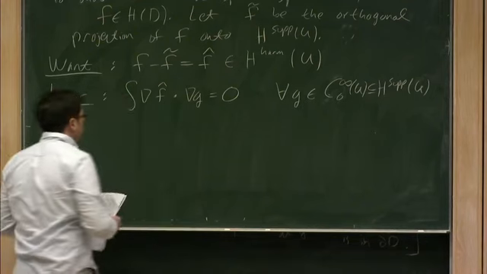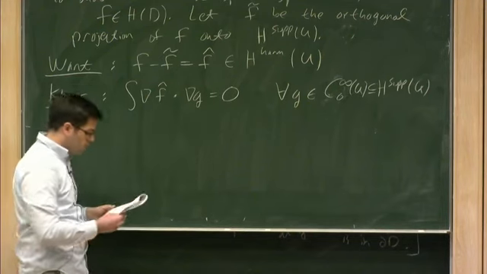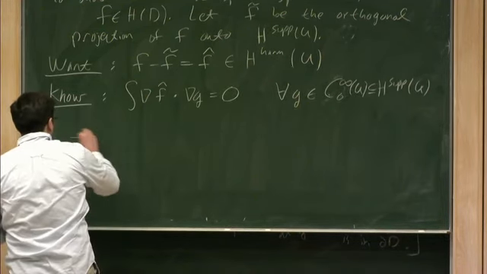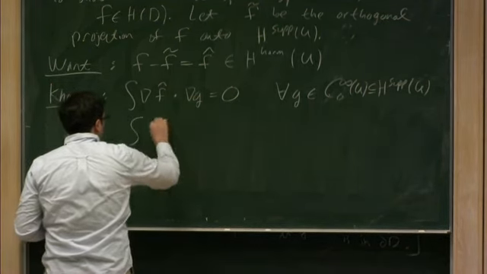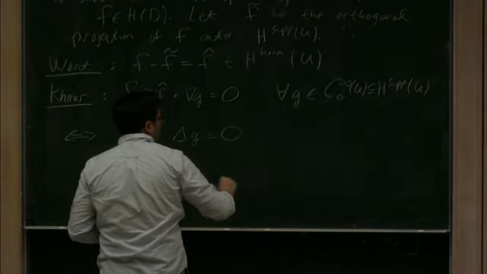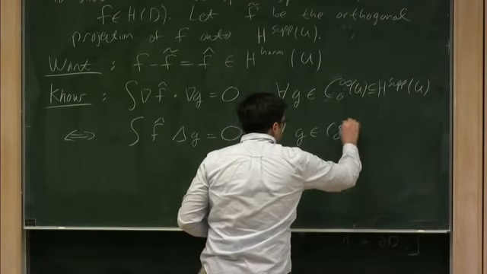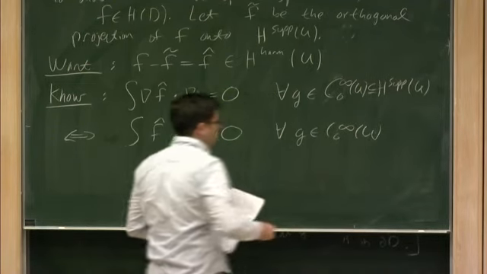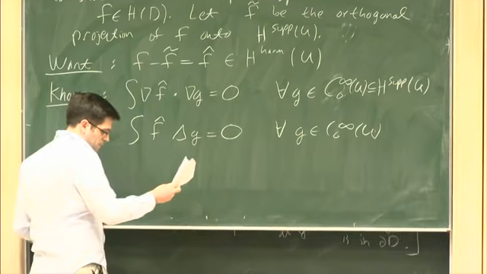And so rather than putting the Laplacian onto f hat, we're going to put the Laplacian onto g. So this is the same thing as saying that the integral of f hat times the Laplacian of g is equal to 0 for all g which are C infinity and supported in U. Okay.